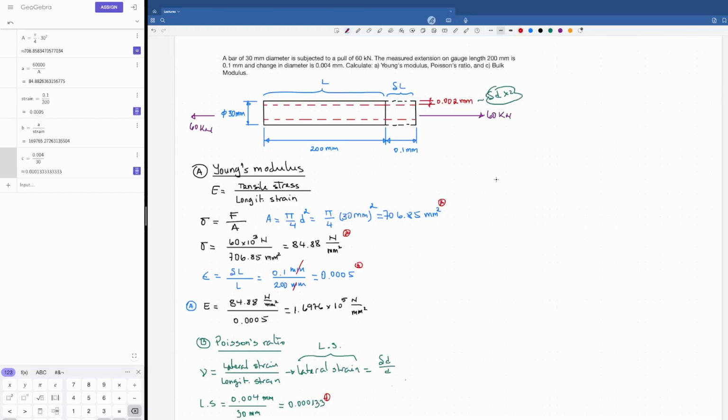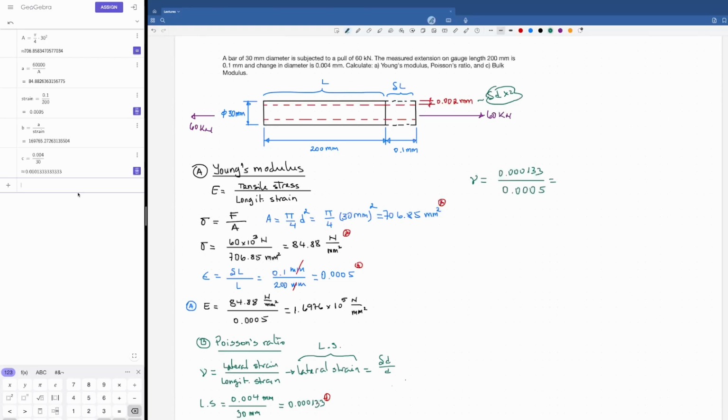Now we can calculate the Poisson's ratio for this upper part. Let me change this. I don't want it in red, I want it in green. And this says that Poisson's ratio is the lateral strain, that I already got there, which is 0.000133 divided by that longitudinal strain, which is this one here, 0.0005. And let's go to the calculator.